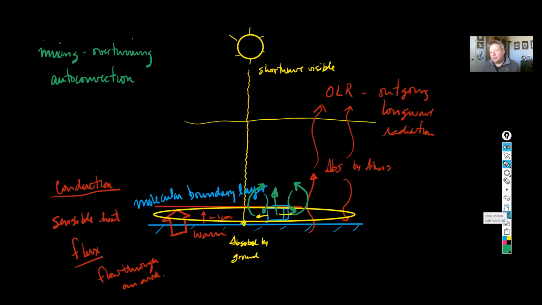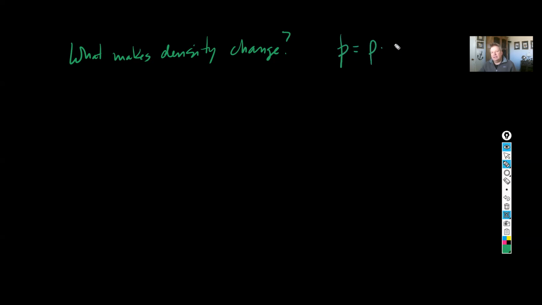So then the question is, what makes density change? What two things affect density? Well, the ideal gas law says that pressure is related to density times this constant R times temperature.